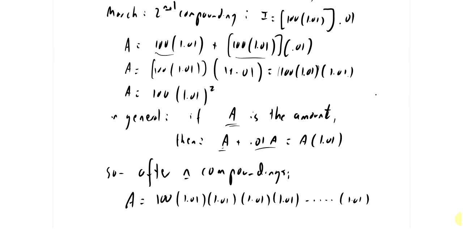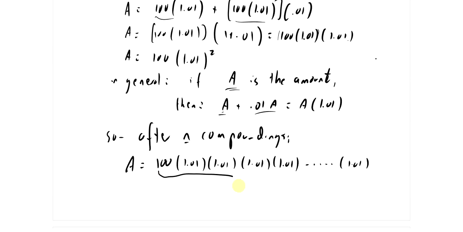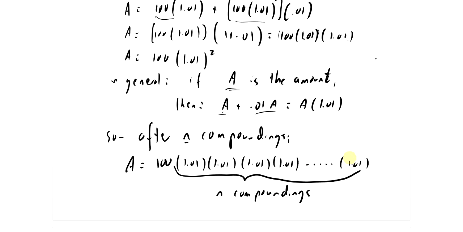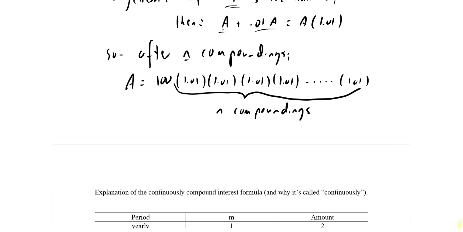And so after n compoundings, how many of these are there? Well, the whole point of exponential notation is if we multiply something by itself n times, we can write that in a particularly nice way.